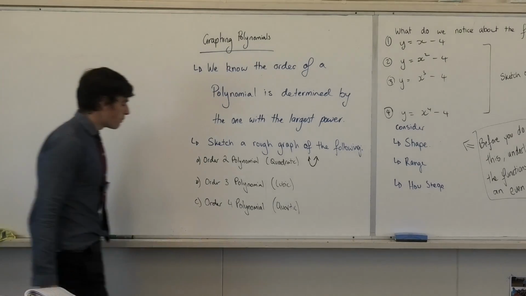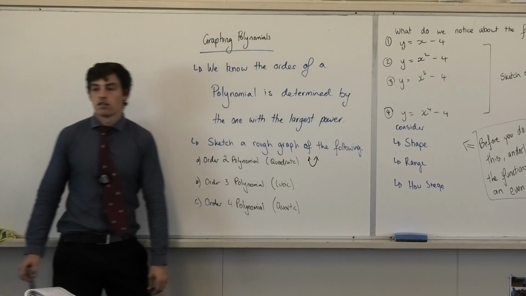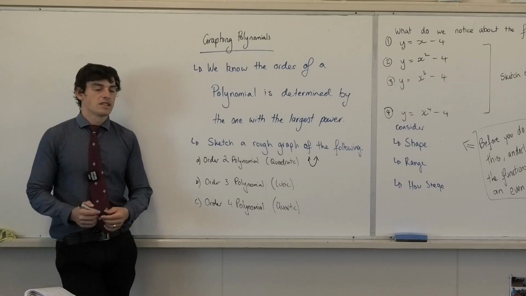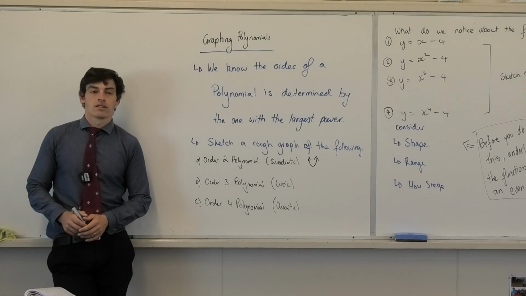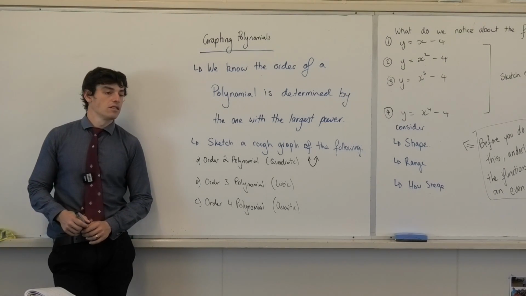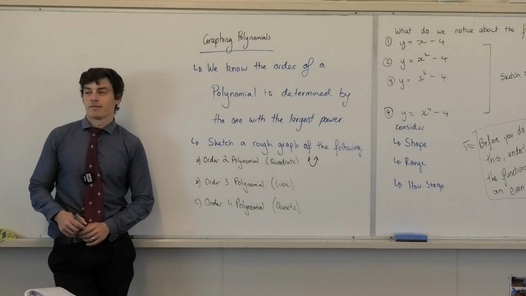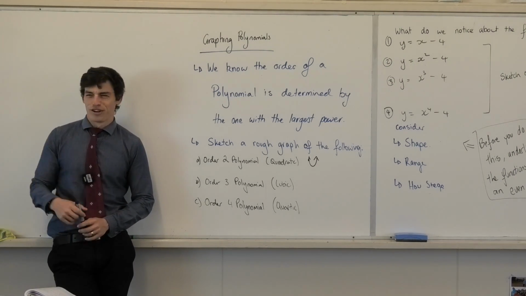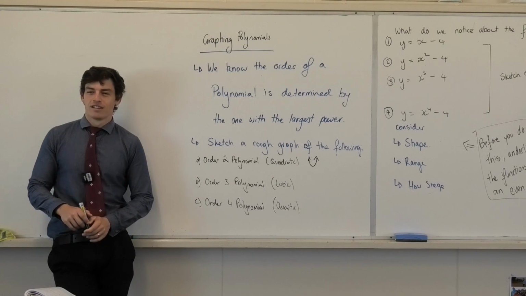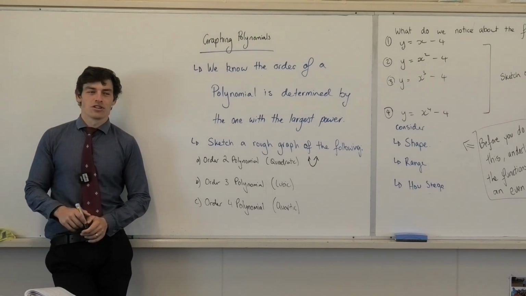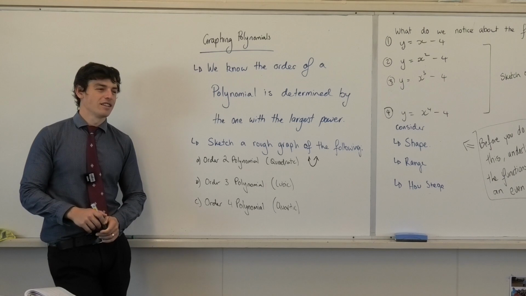Our order 3 polynomial, what's that look like? Keep tracing it. It's a bit of a square. That's a circle, but nice try. We're almost there. Okay, good.